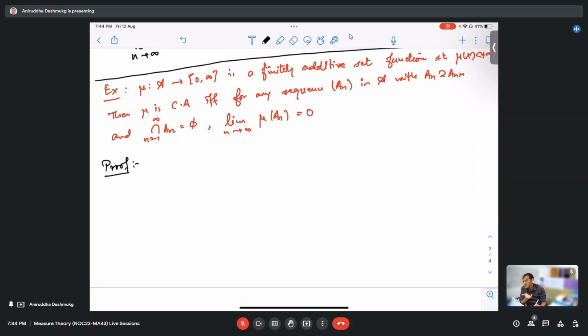We want to prove the other conclusion. Is that conclusion easy? Suppose that mu is countably additive. Then we have to prove that for any sequence A_n which is decreasing and whose intersection is empty, the limit of mu(A_n) is 0.